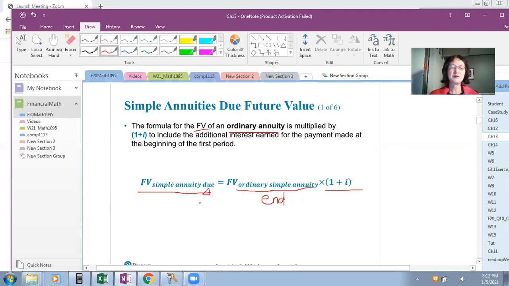Annuity due, payment made at the beginning. So there is one payment period difference between the end and the beginning. If you multiply this one payment period, you get the future value for simple annuity due.